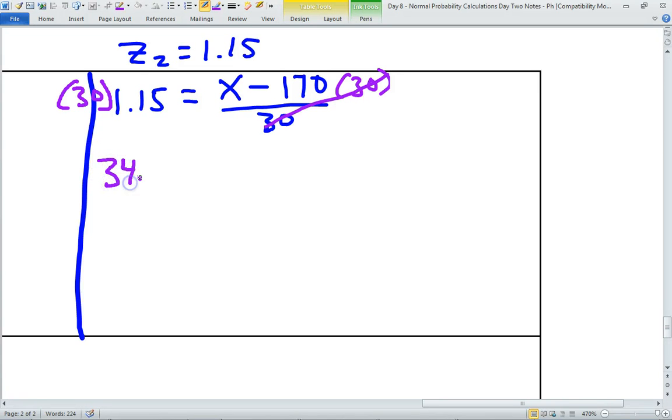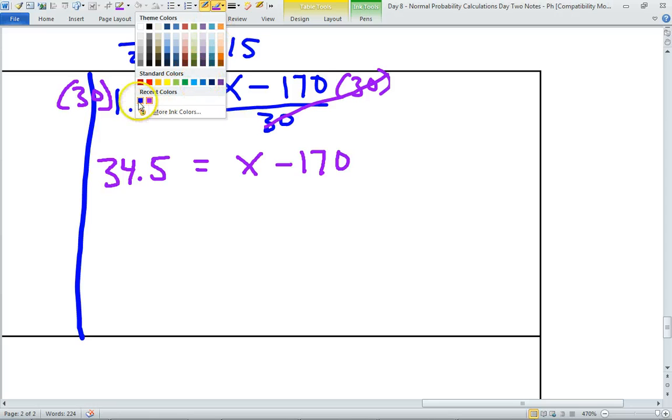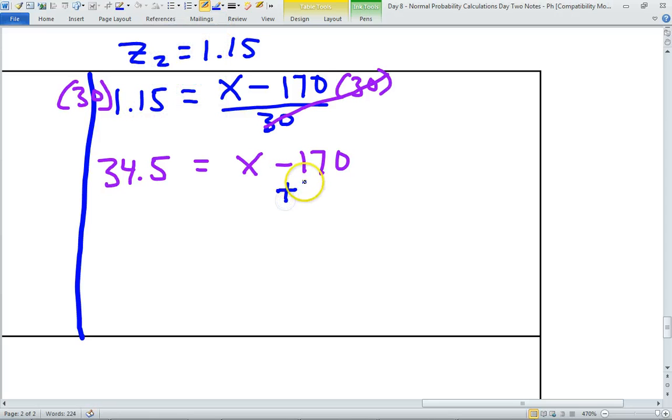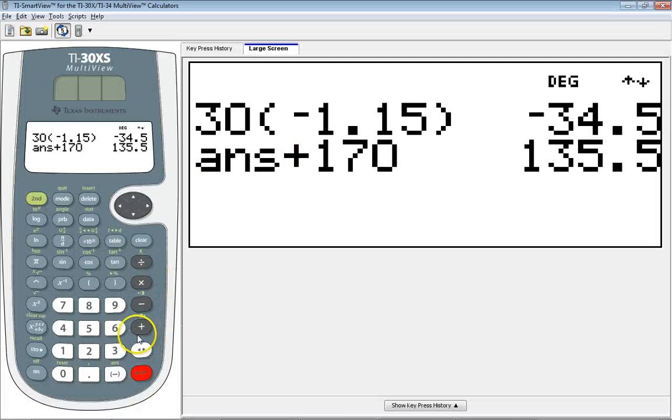So 34.5 is equal to x minus 170. Let us add 170 to both sides. So 34.5 plus 170.